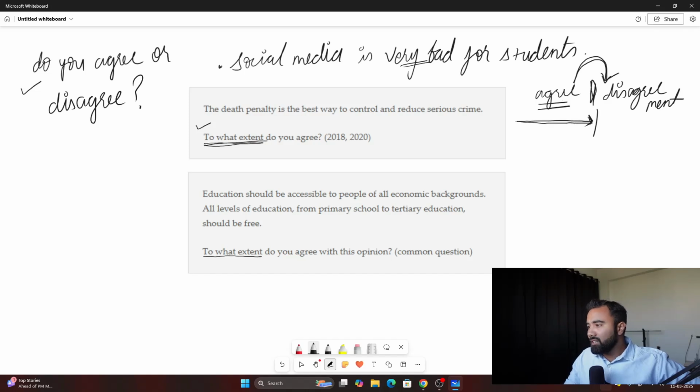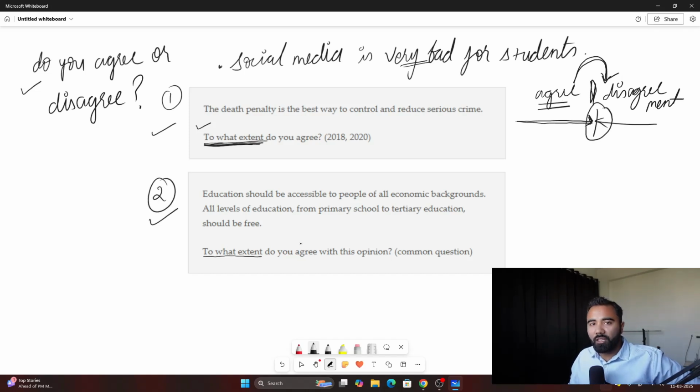After this extent, I start disagreeing. So that is the point of transition that you need to figure out in these sort of questions: to what extent do you agree or disagree? Now here you can see there is a reason why I have taken two essay types over here. Let's look at the second one first.